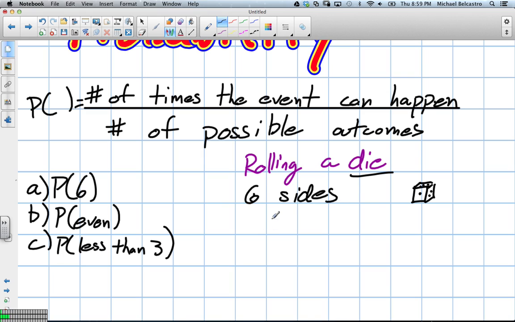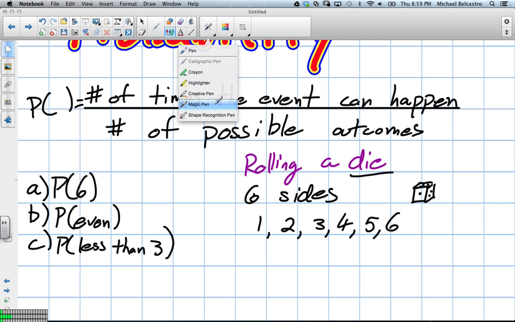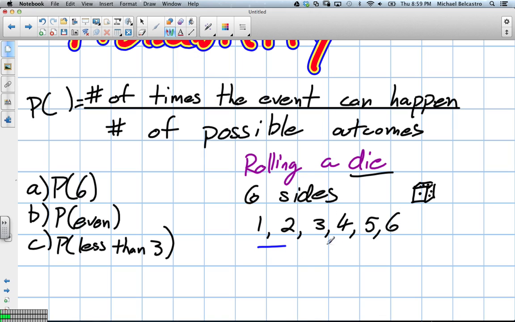So your options are 1, 2, 3, 4, 5, 6. If I roll a die, how many outcomes can I get? I have 6 possible outcomes. In theory, there are 6 possible outcomes, and in reality, there are 6 too. So that fulfills the bottom part of our fraction.